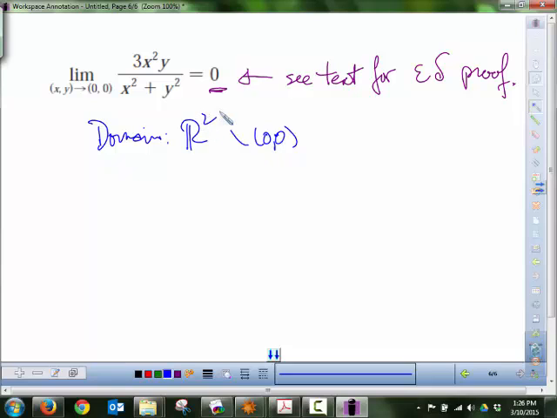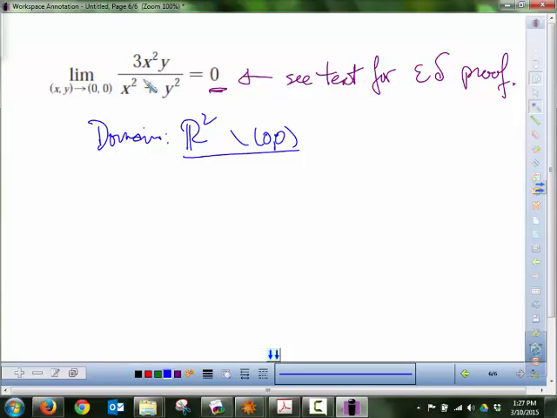Just the domain. The domain is in 2 dimensions, so the domain is all the possible things that you can put into this function. And all the possible things I can put into the function is any pair, not just one number, not just a scalar, but any pair of numbers, x, y, except I can't put 0, 0 in because that's the only time I get 0 in the denominator. Okay?